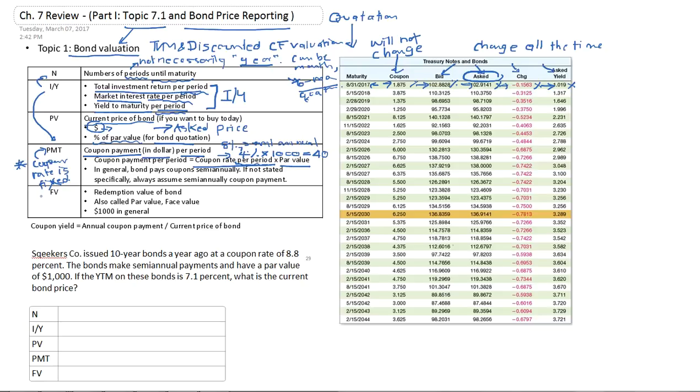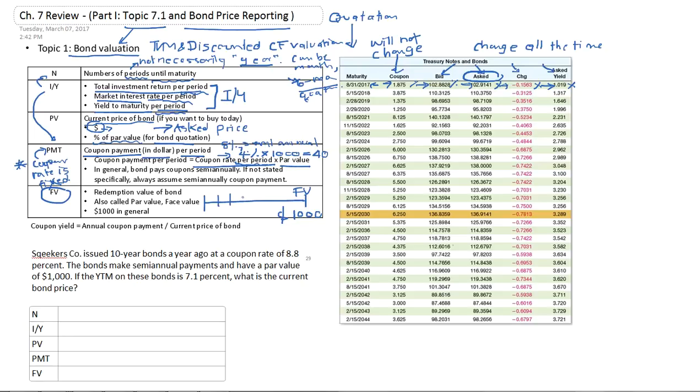And the last piece is the FV for a bond. At maturity, all bonds will reach the price of $1,000, which is the par value of the bond. If it's quoted at another price, then that will be the par value, but in general it will be $1,000. This is called FV because it happens at the end of the timeline.